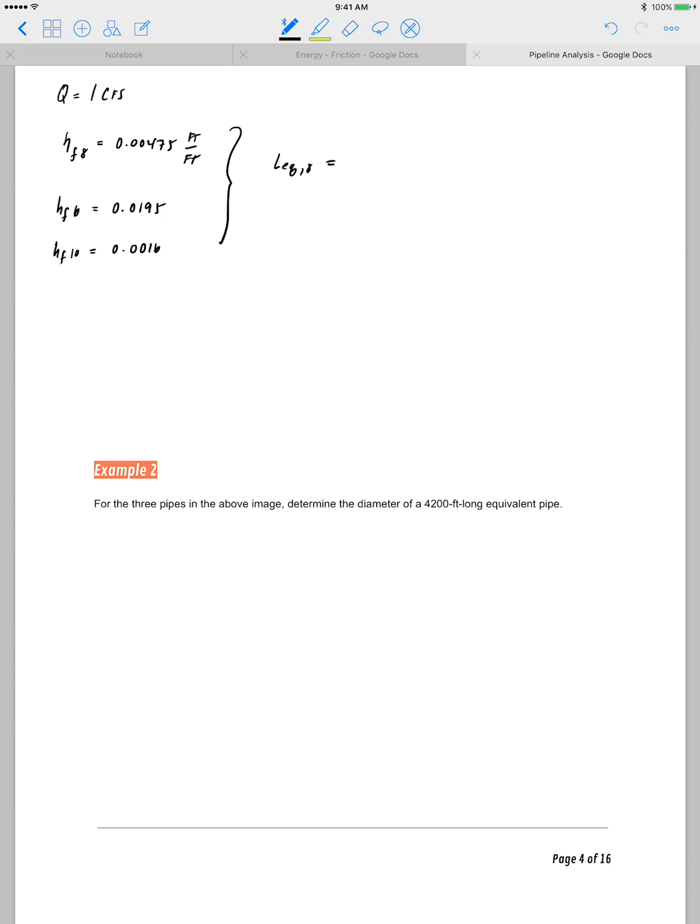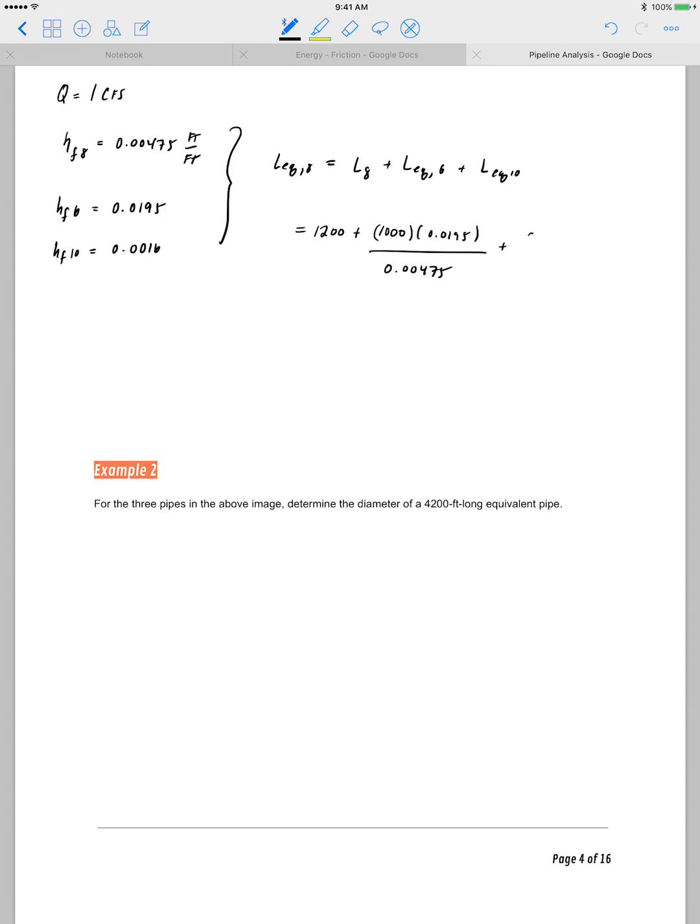So the equivalent 8-inch for the total system is going to be simply the length of the 8-inch plus the length equivalent of the 6-inch plus the length equivalent of the 10-inch. If we do the math, we're talking about 1,200 plus 1,000 feet times 0.019 foot per foot. And we will make that an equivalent value by dividing it by 0.00475.